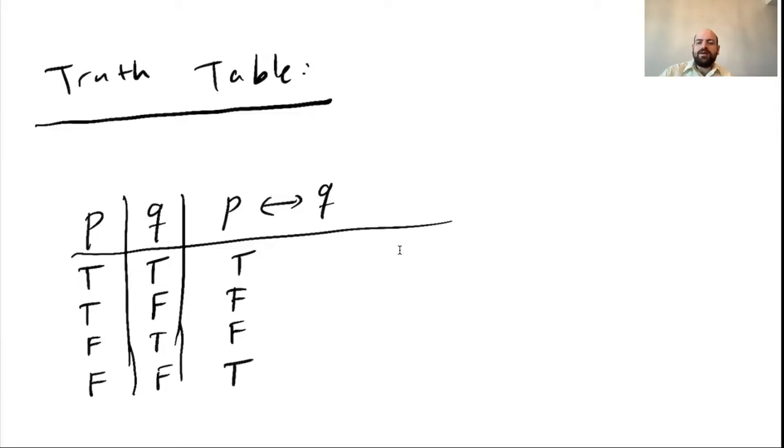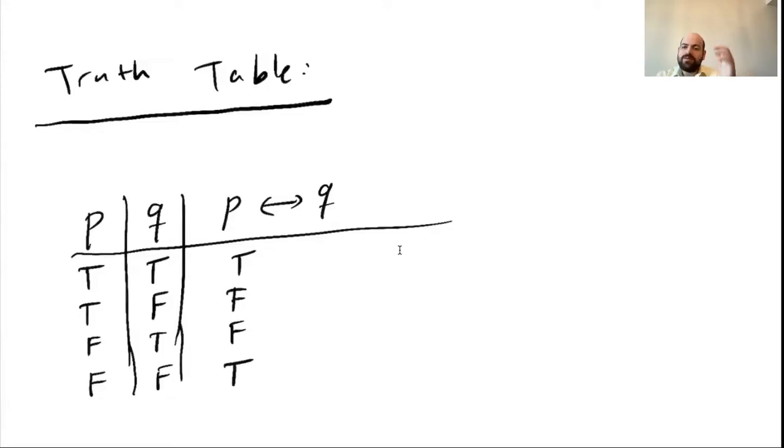Now, this biconditional operator is logically equivalent with what type of compound proposition do you think? So if and only if. From pre-calculus, maybe you have seen that. When can we say that P if and only if Q is true?